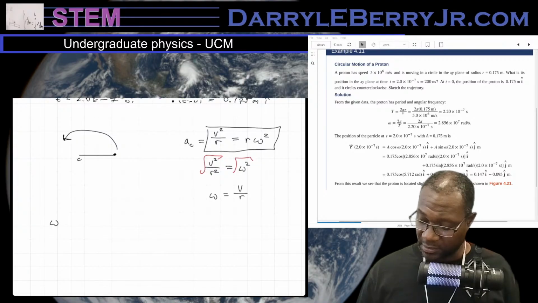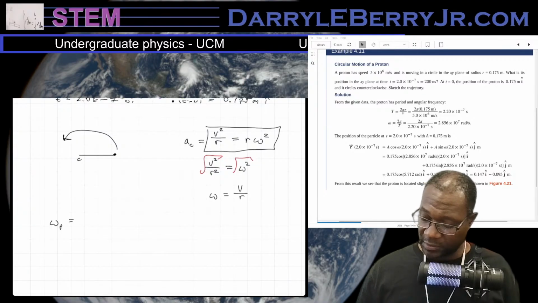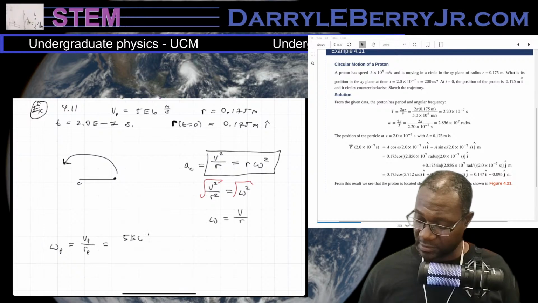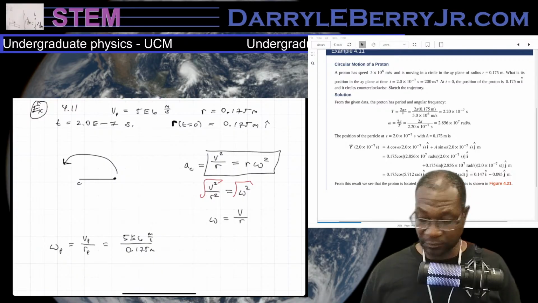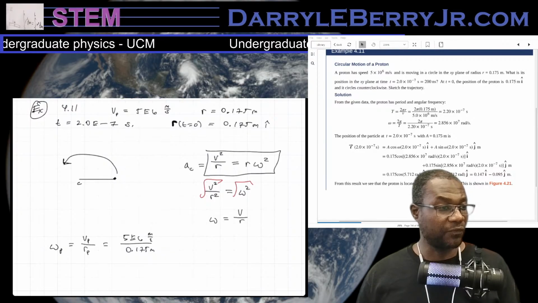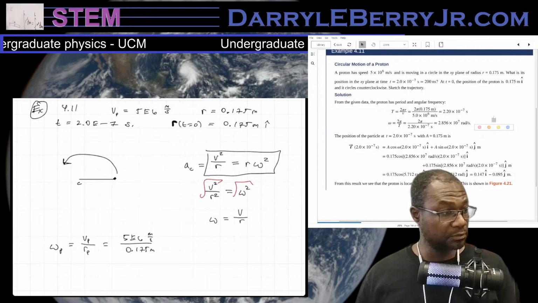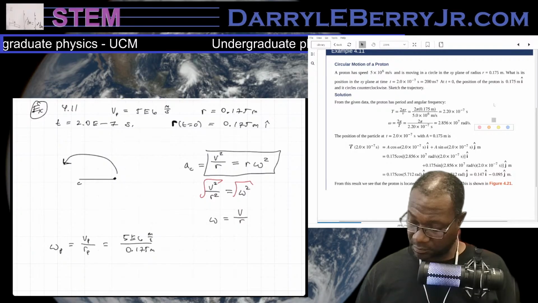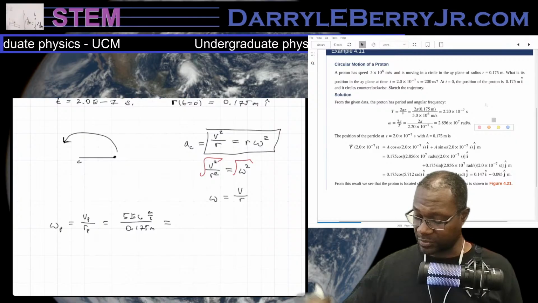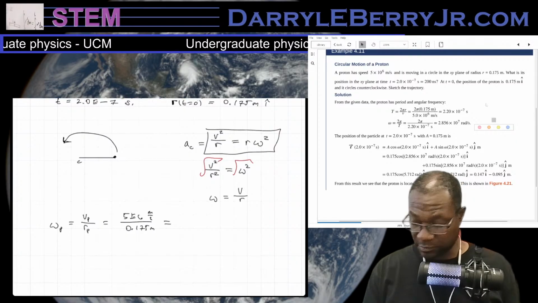Thus, the angular frequency of the proton equals 5 times 10⁶ meters per second divided by 0.175 meters. They did the math for us already, actually slightly differently, but let's plug it in this way and see if we get the same answer.